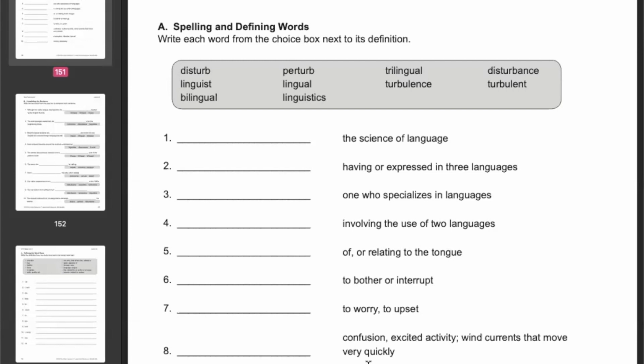Involving two languages, bilingual. Relating to the tongue, lingual. To bother or interrupt, disturb. To worry or upset is perturb. And confusion, excited activity, and also wind currents that move very quickly is turbulence.